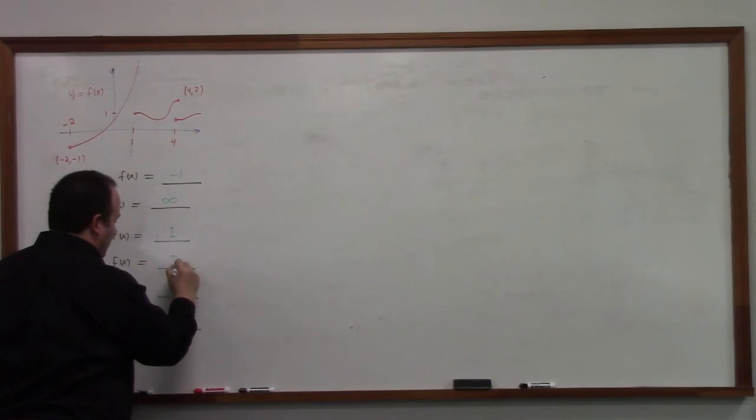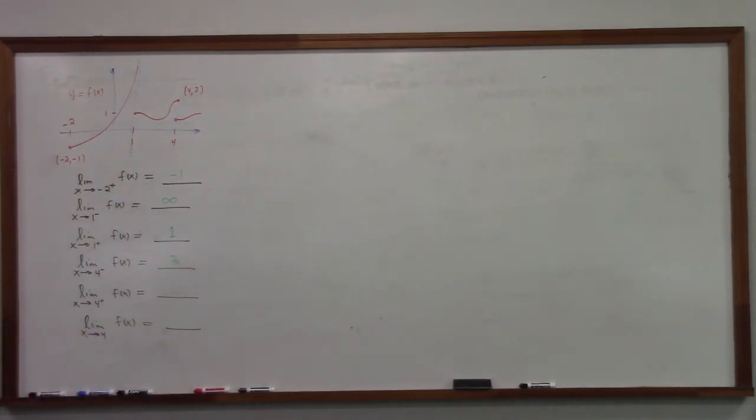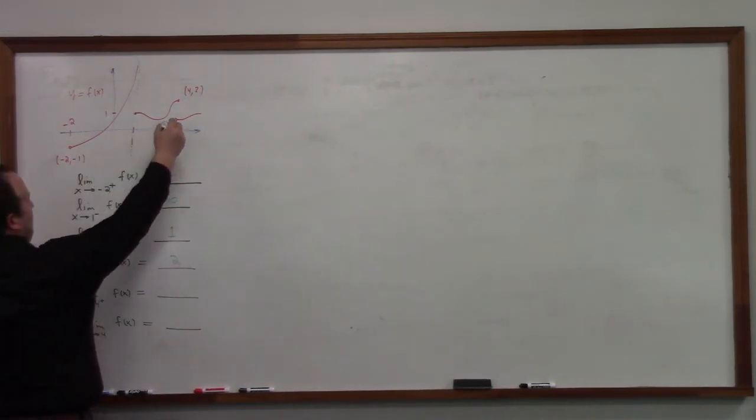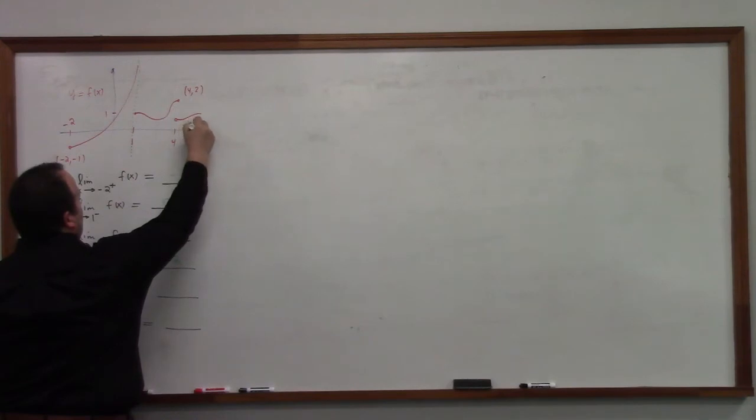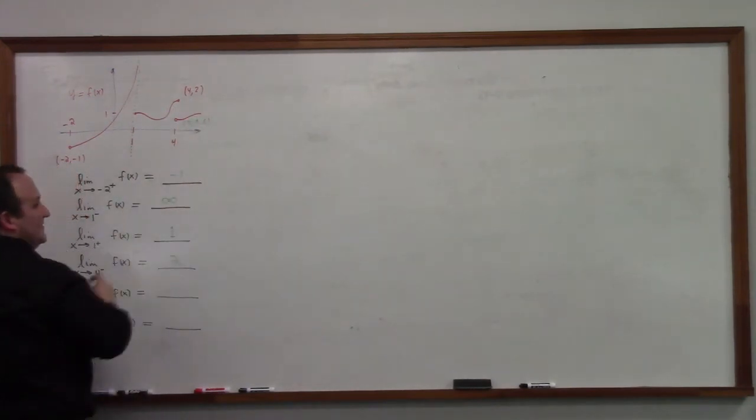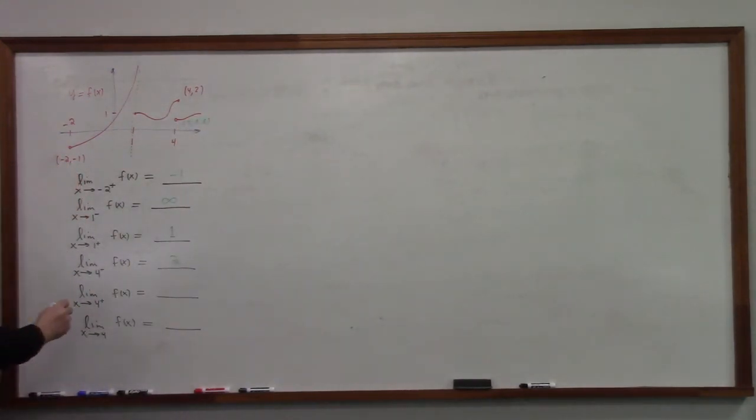Remember, the value refers to the y, not the x. The limit point here is 4. How about x approaches 4 from the right? I guess I didn't really make it clear. Let's say that that's 4 comma 0.6, whatever. So then 0.6, yeah.